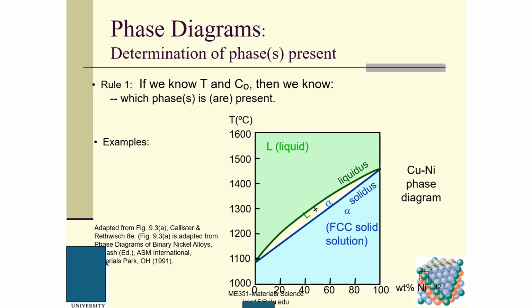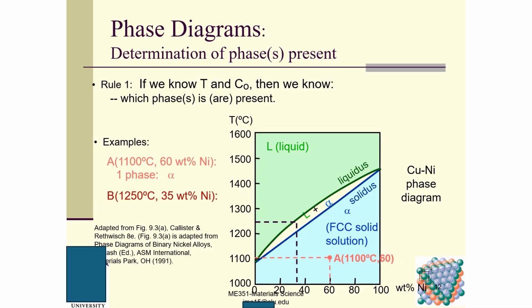Then look here at the phase diagram, determination of phases present. Rule 1: if we know the temperature and C0, then we know which phase or phases are present. For example, point A, a given temperature and composition, is one phase, alpha.